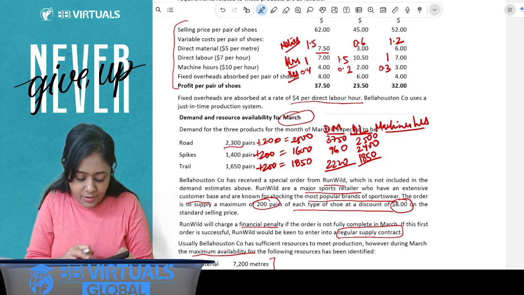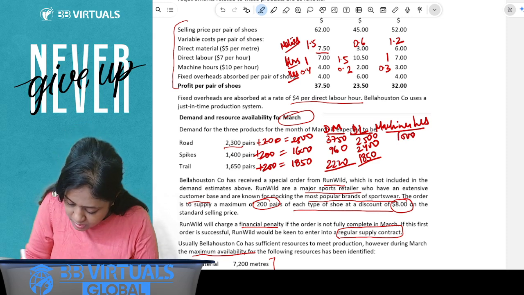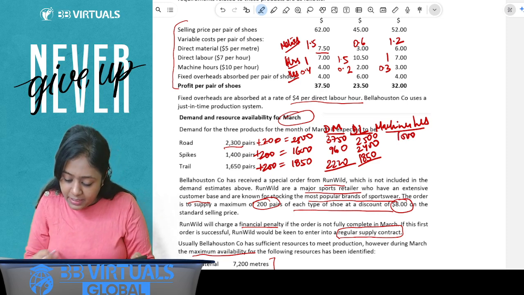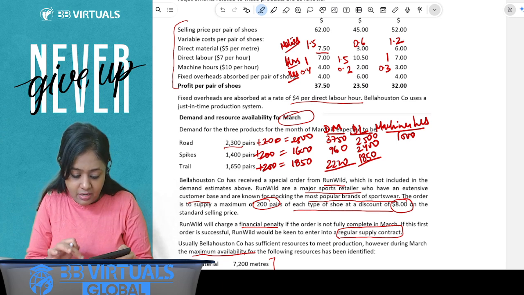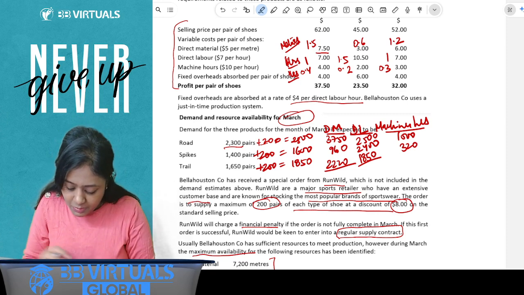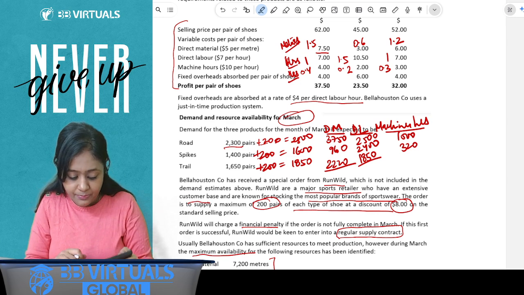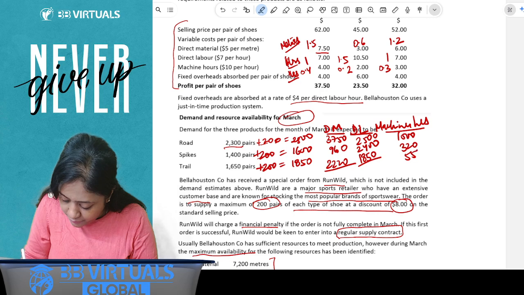For machine hours, 0.4 multiplied by 2500 is 1000. Then 0.2 multiplied by 1600 is 320, right? And the next one is 1850 multiplied by 0.3, and we get 555.